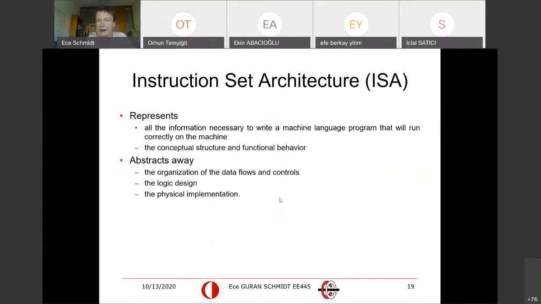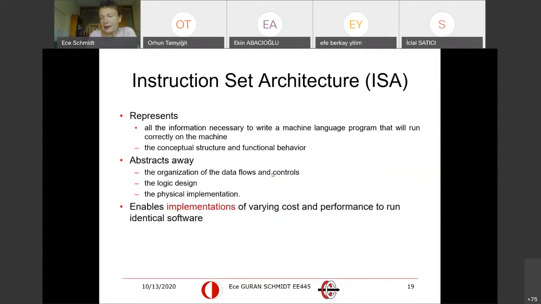It abstracts away, because we love abstraction in computer design, since these are very advanced and complicated things. We always divide them into pieces and hide the internal operation from the users. So it abstracts away the organization of data flow and control, the logic design, and the physical implementation of the machine.